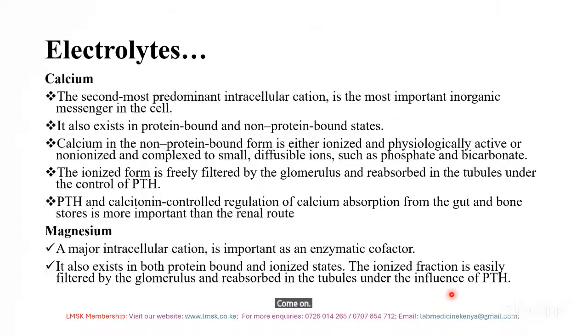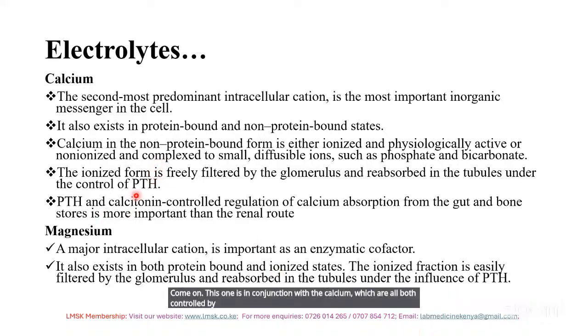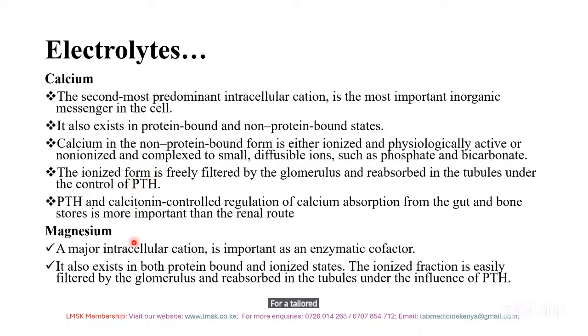This one is in conjunction with calcium, which are both controlled by PTH, parathyroid hormone, and also magnesium, which is intracellular and is an important cofactor. It also exists in both protein-bound and ionized, or free, states.